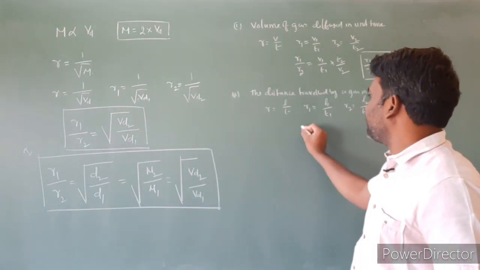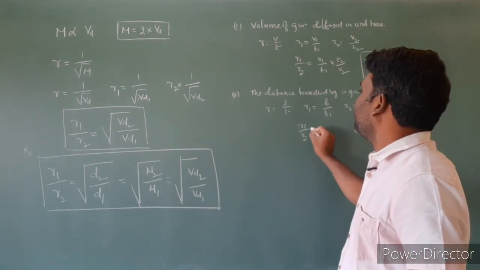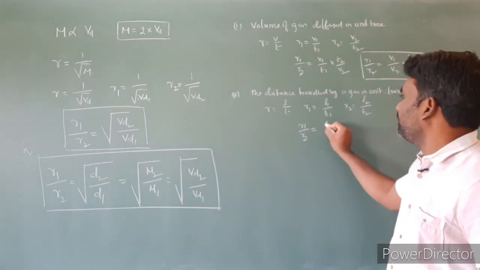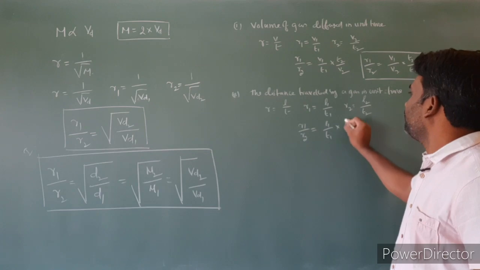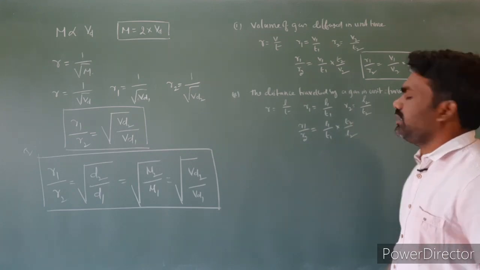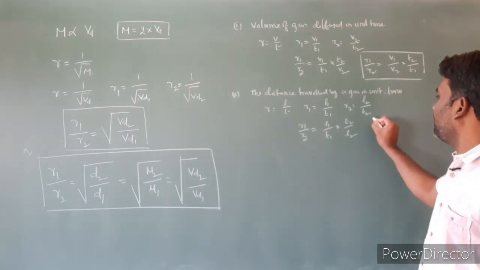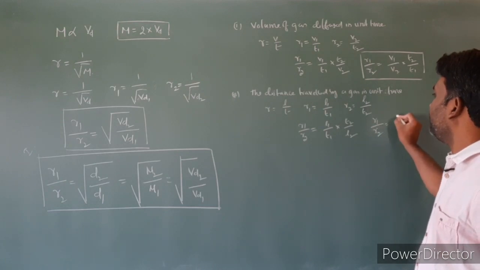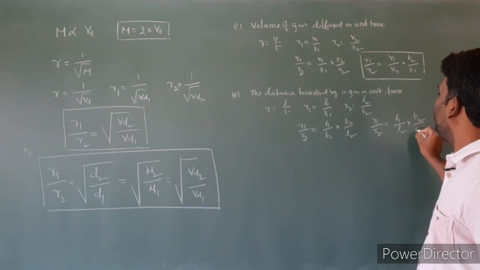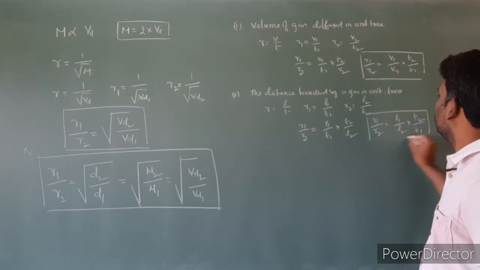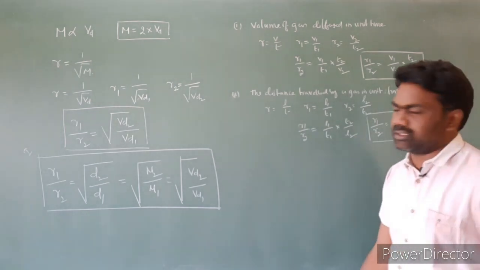Then what is the relation we can expect? R1 by R2 is equal to L1 by T1 into T2 by L2. So R1 by R2 is equal to L1 by L2 into T2 by T1. So this is another relation.